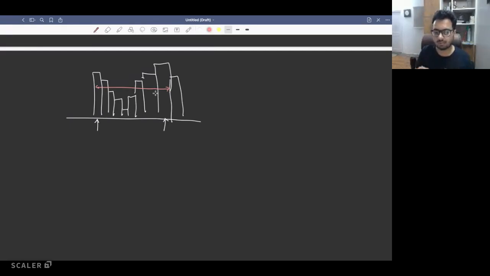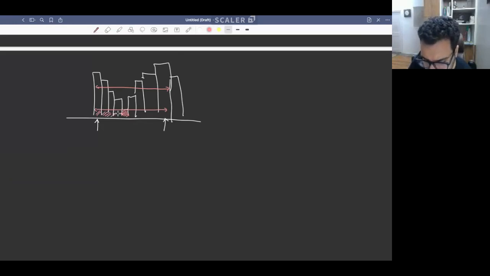Maybe, maybe not. But who is going to restrict the height of the rectangle? This smaller bar, right? If you take this smaller bar as a part, you cannot make a rectangle that goes outside its height. So you are only restricted to this part.